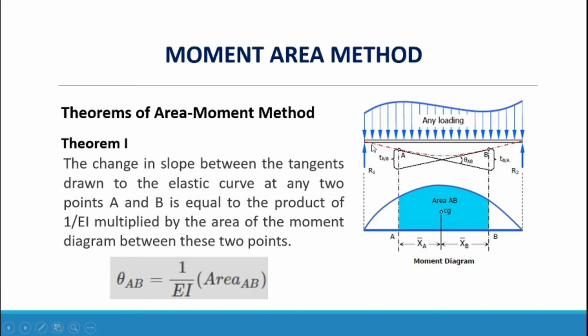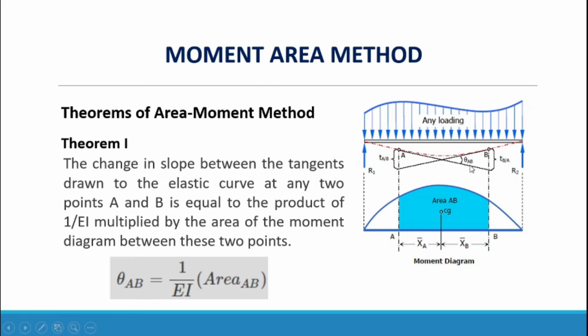And the dotted line is the slope or the deflection, and this is the tangent line at A and another tangent line at B. The angle formed from A to B is theta, or theta sub AB.